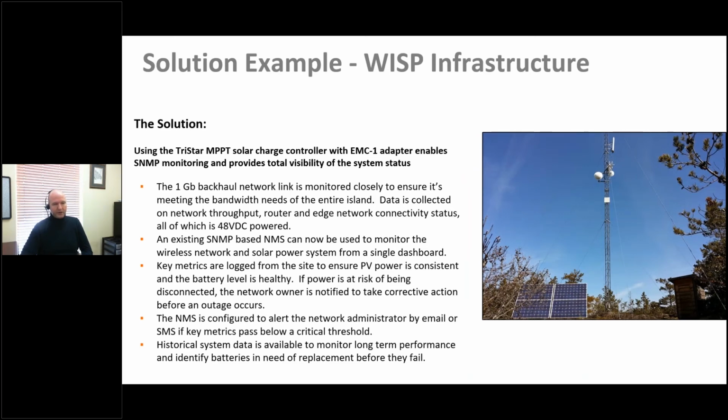So a product like our TriStar MPPT can be deployed at this site in the power shed, and they can monitor both the solar energy production, battery health, and load status of the power equipment, as well as monitoring the network connectivity. Because there's a lot happening in this location, they're using it as both the link to the mainland because of its ideal location and altitude here of the tower, as well as providing service with those sector antennas to connect homes that are all around the island.